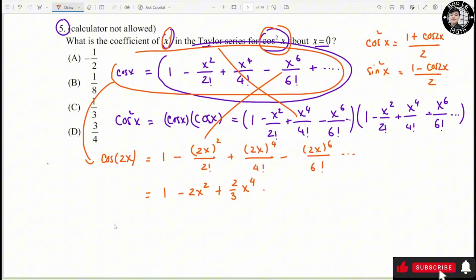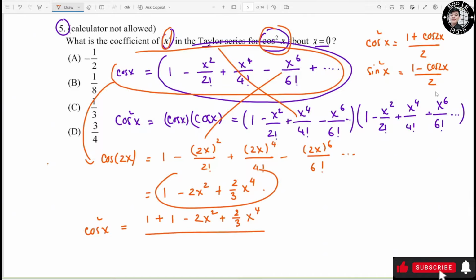So cosine squared of s equals 1 plus cosine 2s, which is this series, divided by 2. 1 plus 1 is 2, divided by 2 is 1. Negative 2 divided by 2 is negative s squared. And 2 thirds divided by 2 is plus 1 third s to the 4. So the coefficient of s to the 4 is 1 third. The answer must be C.